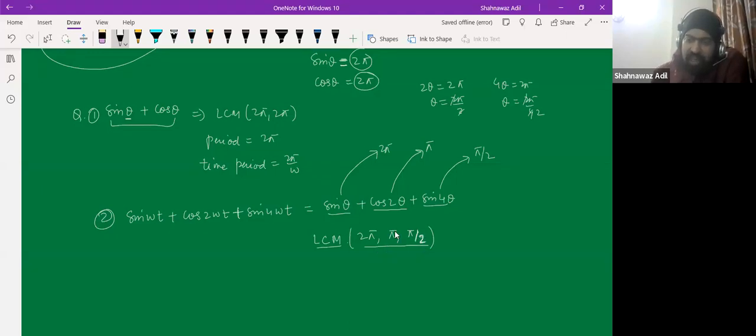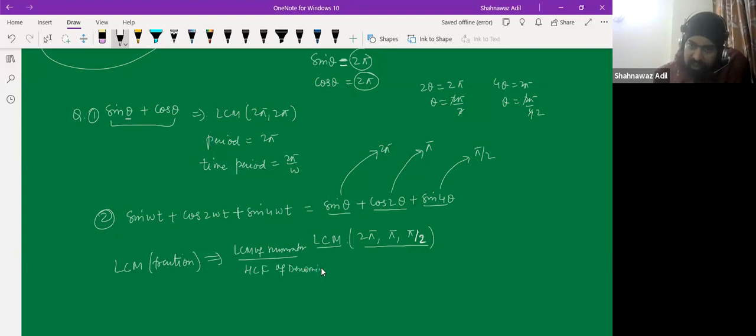So how do we calculate the LCM of a fractional number? LCM of a fractional number is LCM of numerator and HCF of denominator.